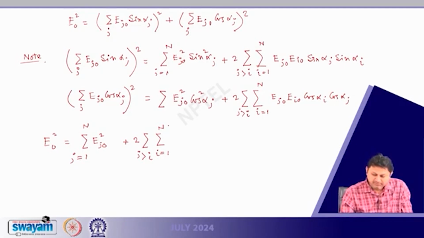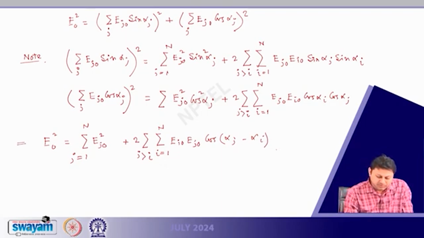Now, if I add these two, we are going to get a term E i0 E j0 cos of alpha j minus alpha i, the old term that we already had in the previous calculation. So using the complex notation also, I get a similar kind of term.